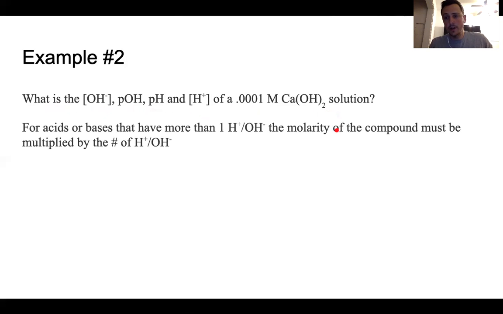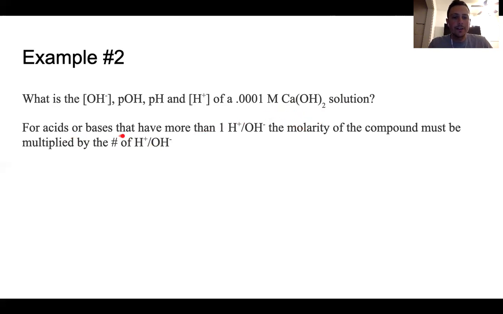This one requires a little more thought because here we're not given the hydroxide ion concentration. We are given the concentration of this salt, of this base, calcium hydroxide. If you think back to our first lesson from this unit, we talked about monoprotic, diprotic, polyprotic acids, right? Not all acids release the same number of hydrogens as other acids.